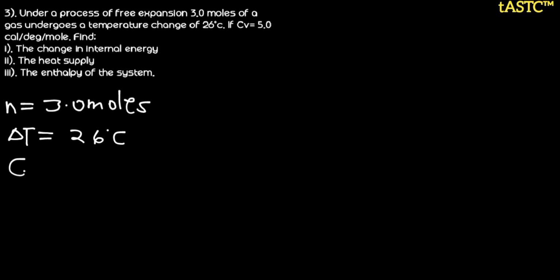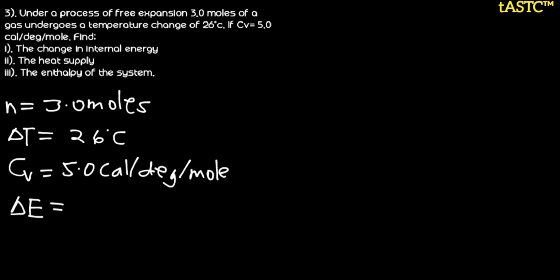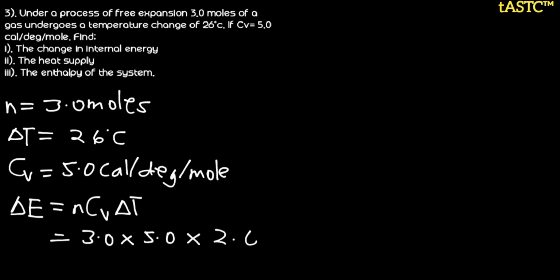Now next up we have C sub V. That is equal to 5.0 calories per degree per mole. So we need to find the change in internal energy. Now the change in internal energy, dE, is equal to nCv dT. And it happens that we have all the parameters given here. So that is going to be 3.0 multiplied by C sub V, that is 5.0, and dT is equal to 2.6.